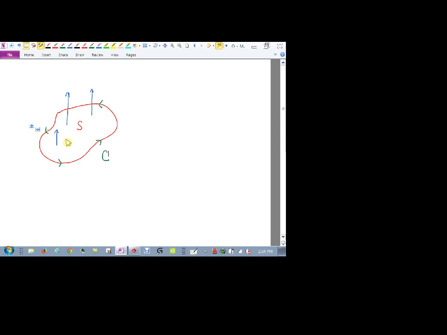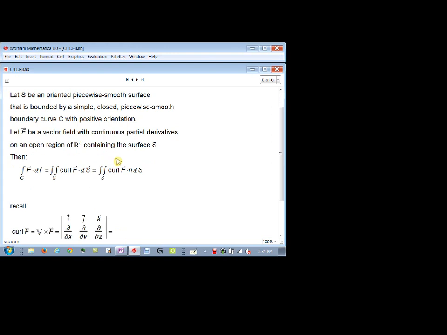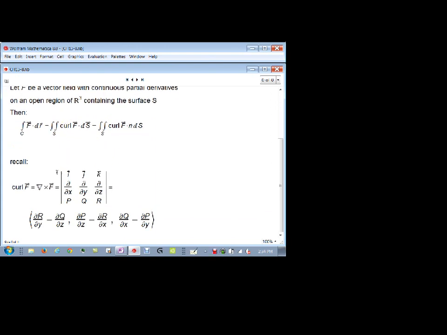So if we take the curl of this field and dot it with dS, that will yield the line integral, or we go backwards. That's what Stokes' theorem says. But just remember how we got the curl: the curl was del crossed with the vector field, which was that formula.